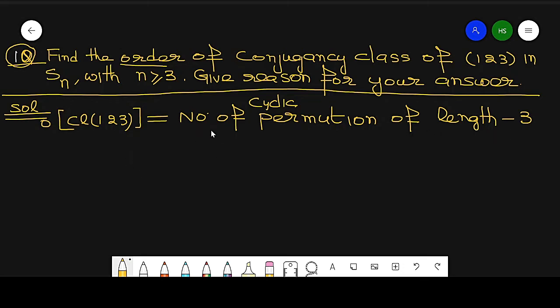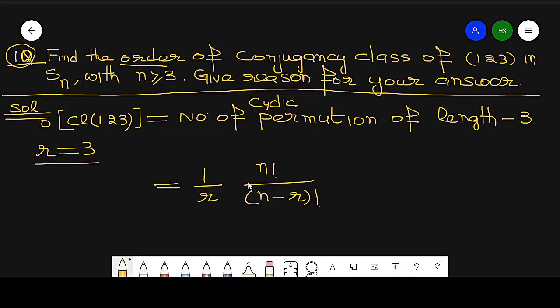So what is the formula to find the number of cycles of length r? It is equal to 1 by r into n factorial over (n minus r) factorial. Here r is 3 because it is a cycle of length 3.